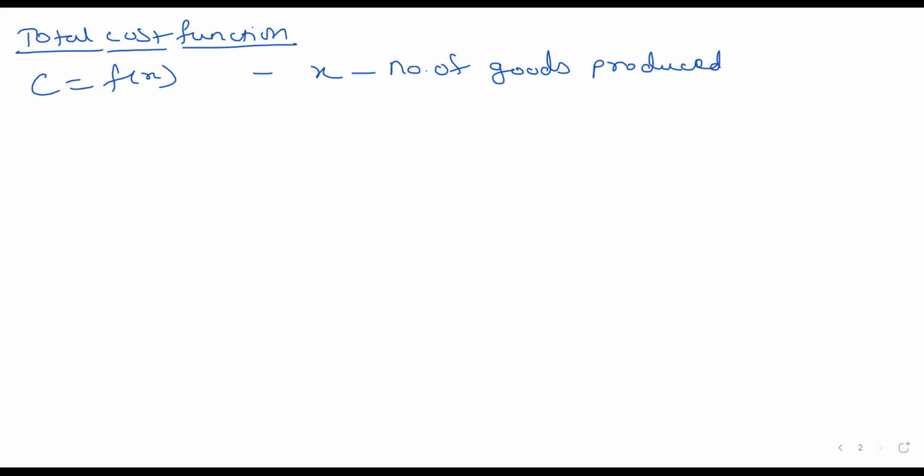Cost function is given to you. It is comprising both fixed and variable. Okay. Now marginal cost. Marginal cost is the cost of an extra unit of produce. Marginal cost MC is given as the derivative of the cost function, that is f dash of x.